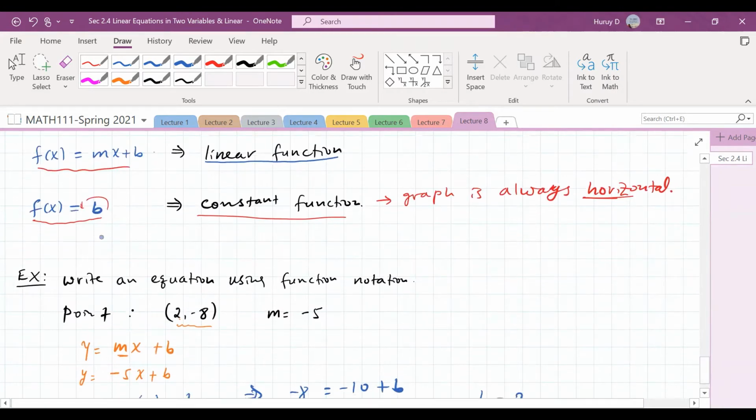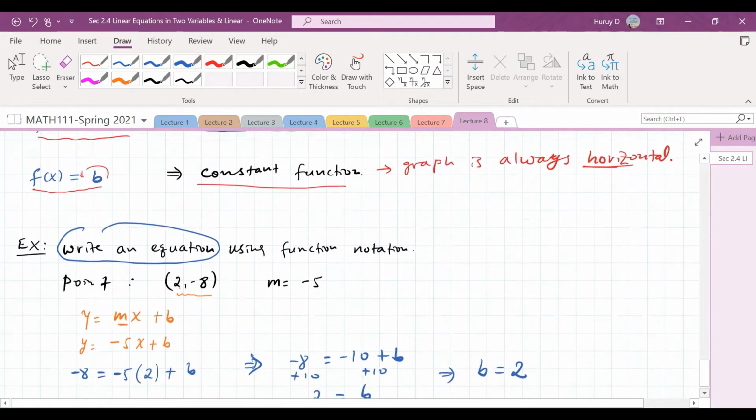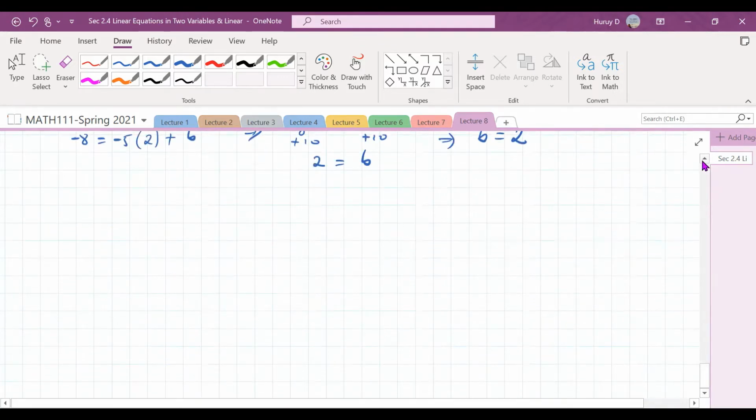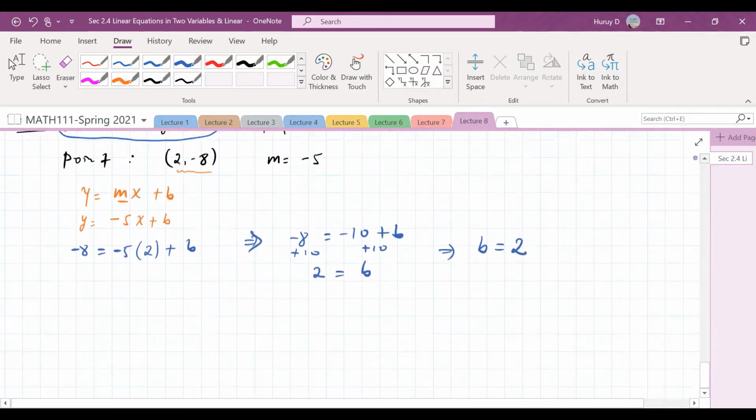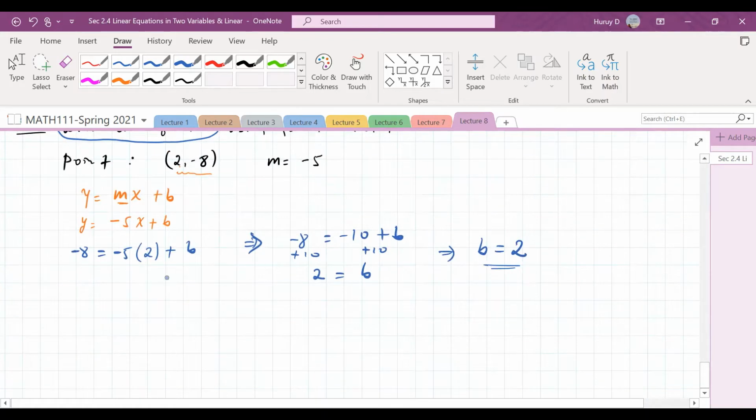So, the question is to write the equation using function notation, right? Now, the slope is given, it's negative 5, and I found b. We calculated b, right? We solved for b. Therefore, the equation is given by y equals mx plus b. So if I follow this, y equals negative 5x plus b, which is positive 2.